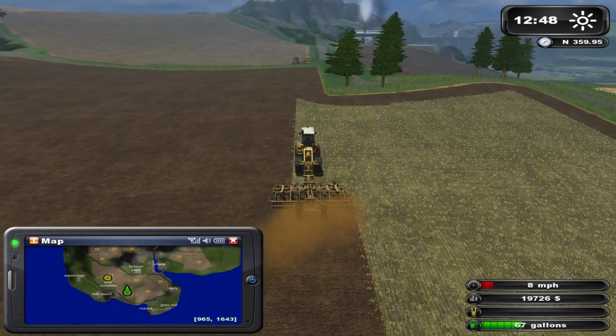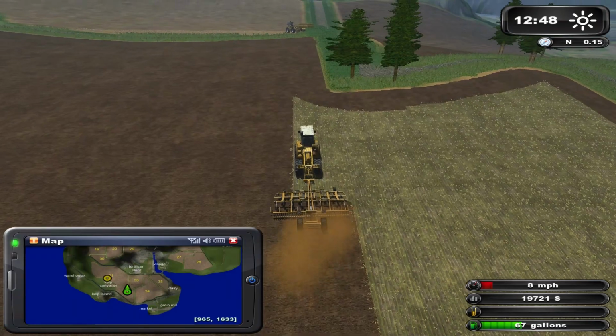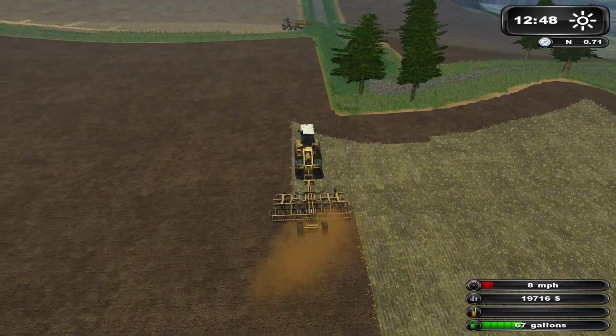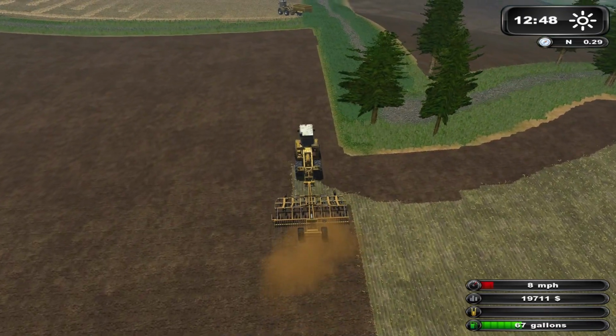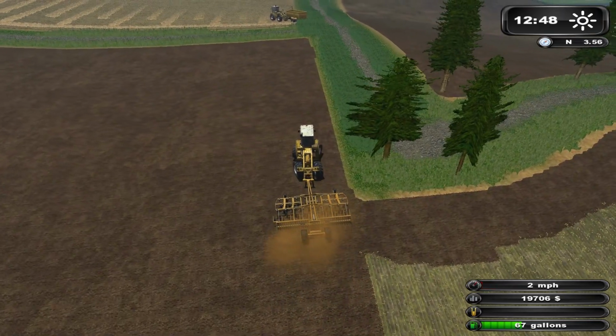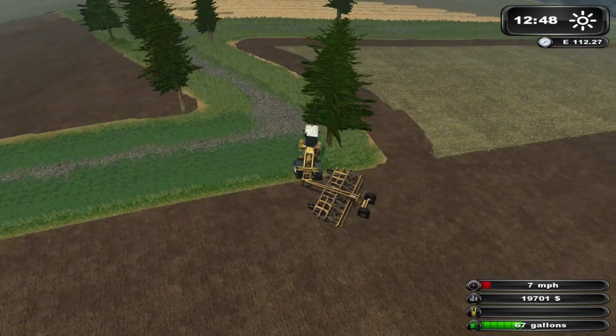Let me just make sure he can turn around here. That may still be enough that he isn't going to want to turn around. How much you want to bet that he doesn't turn around? We'll see just how good Farm Sim 11 was. Go past the line. Good boy, good boy. Look at that. I told you he'd turn around.